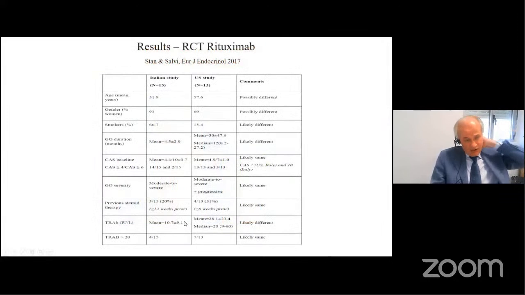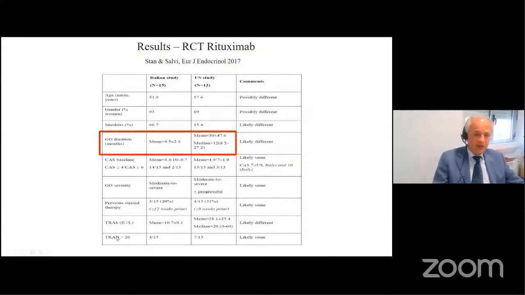And I say that because a similar study was conducted by the American group at the Mayo Clinic, of Marius Stan. They performed a study using rituximab, this time with a placebo control group, and they could not find the efficacy that we showed in our study. When we put our data together in a post-hoc analysis, what was really striking was that the major difference between the two populations was that the patients studied in our group had a very short duration of disease, whereas the duration of disease in the patients of the Mayo Clinic was much, much longer.